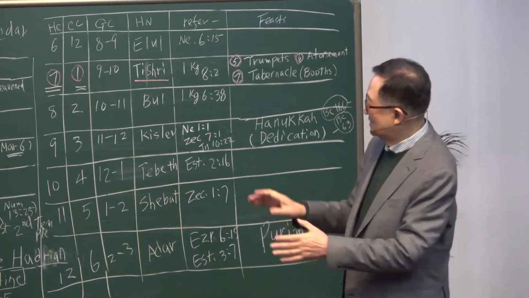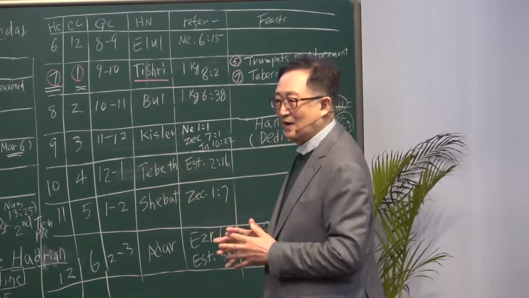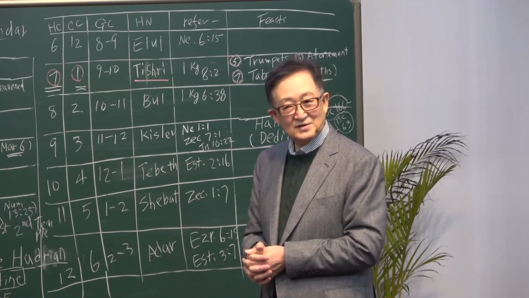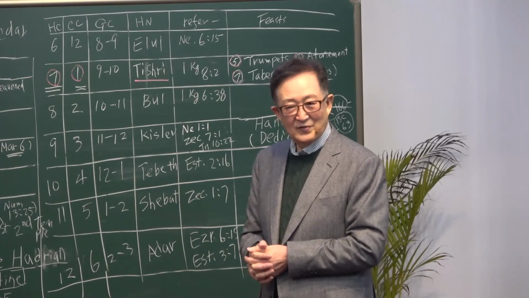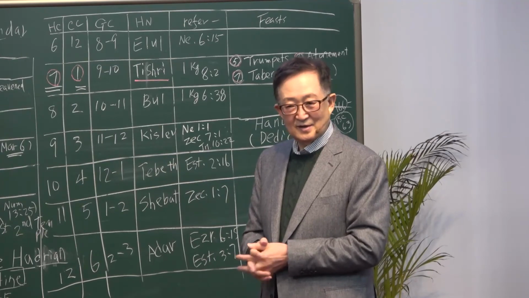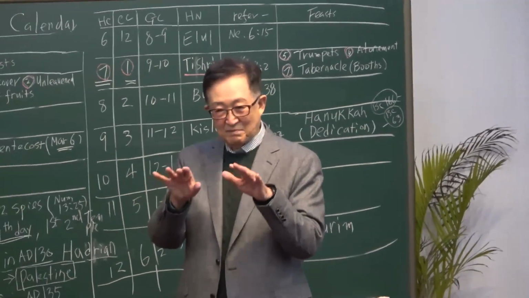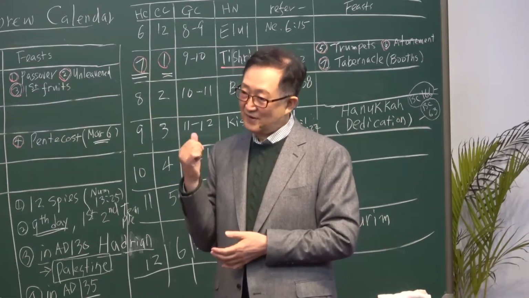Okay? So you can see here two systems of calendar. Isn't it interesting? Yeah. Is it helping you? Yeah. So under that system, I will teach you step by step. Okay? More in detail. So don't forget this system.